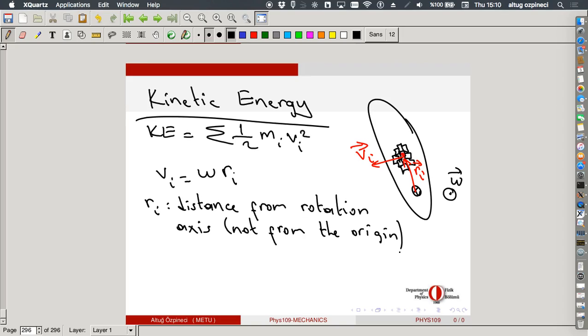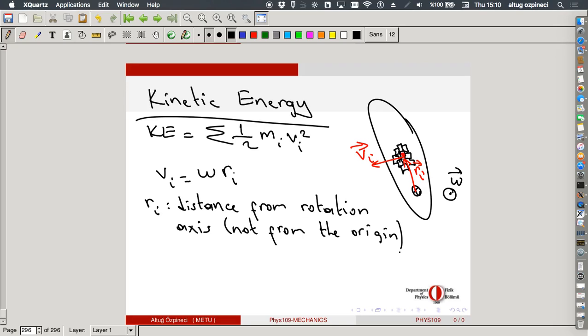I can take the origin to be here, and that r_i for this point is this distance, not the distance from the origin.